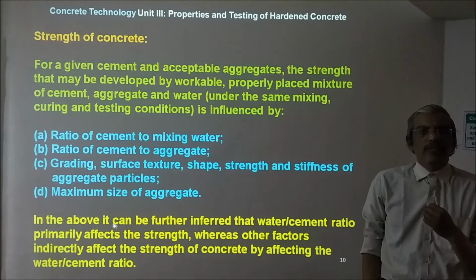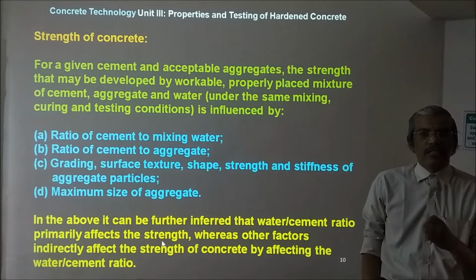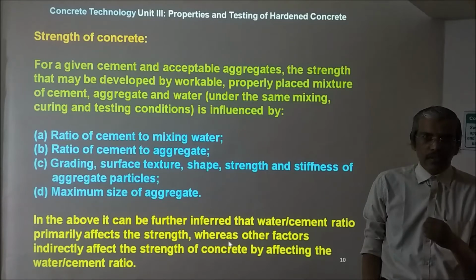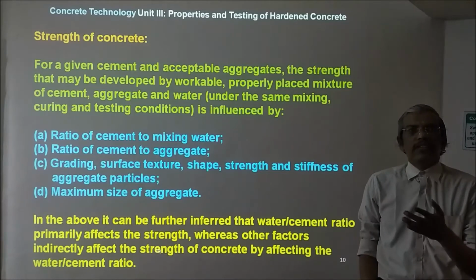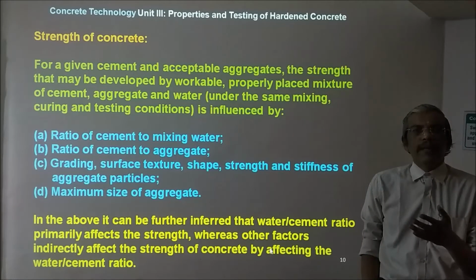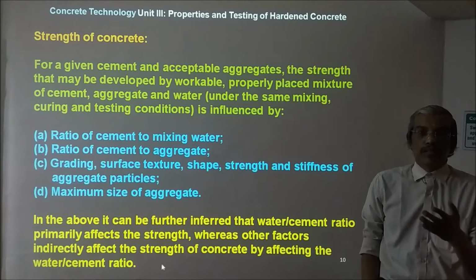From the above, it can be further inferred that water cement ratio primarily affects the strength, whereas other factors indirectly affect the strength of the concrete by affecting the water cement ratio.